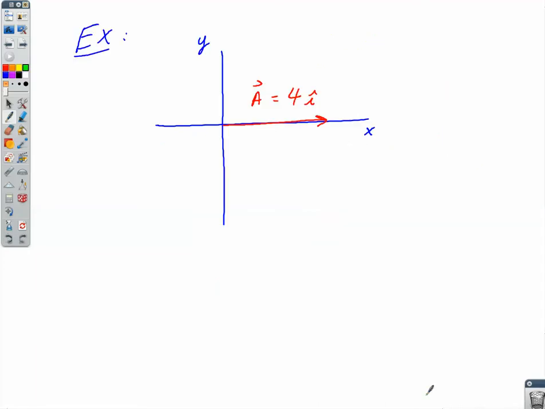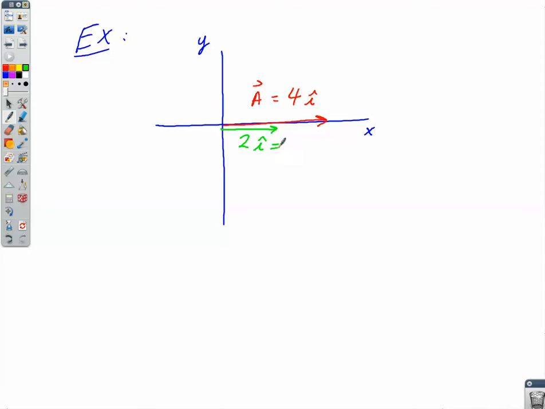Let's take a look at another example to illustrate a property of the cross product. Here we have vector A that's going four units in the I hat direction. And let's draw a vector B. It's going in the same direction, but it's only 2 units long.